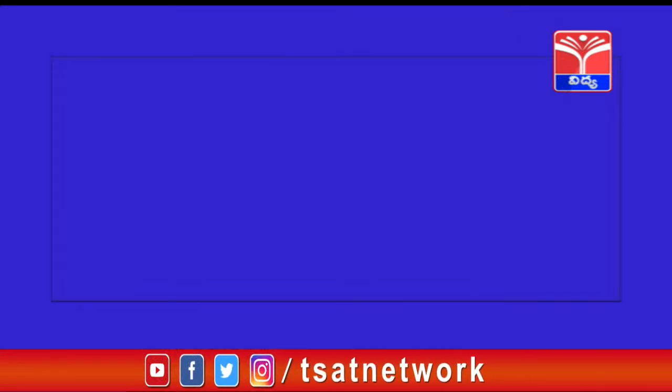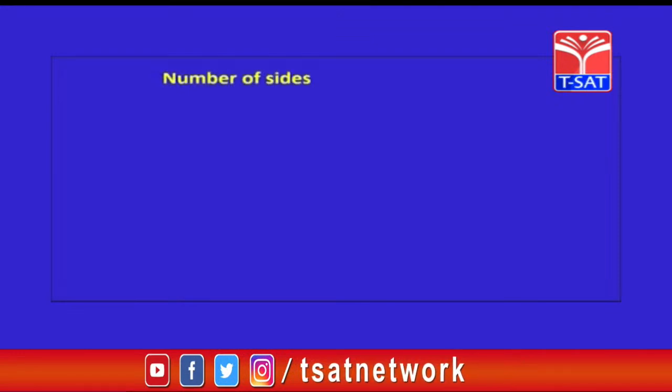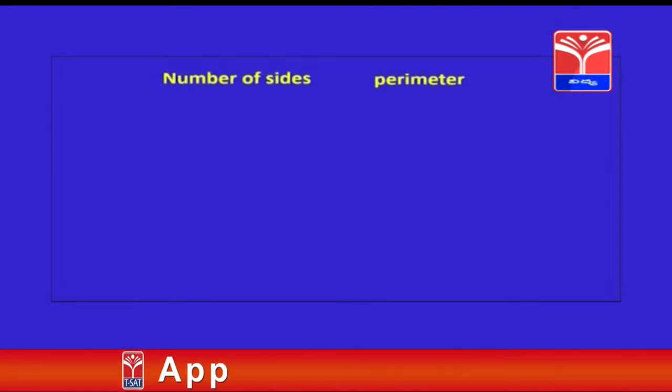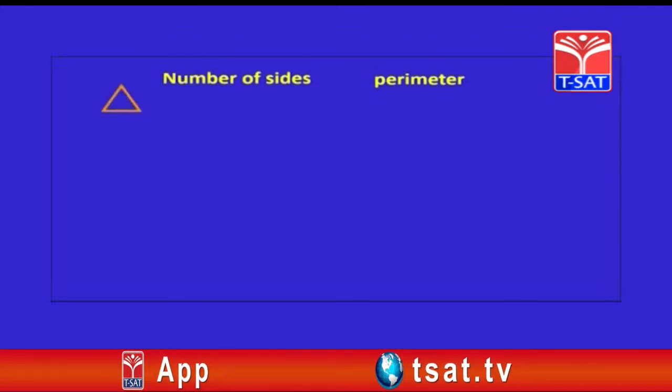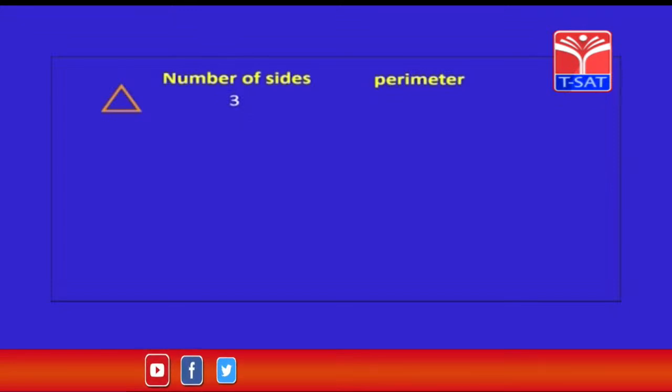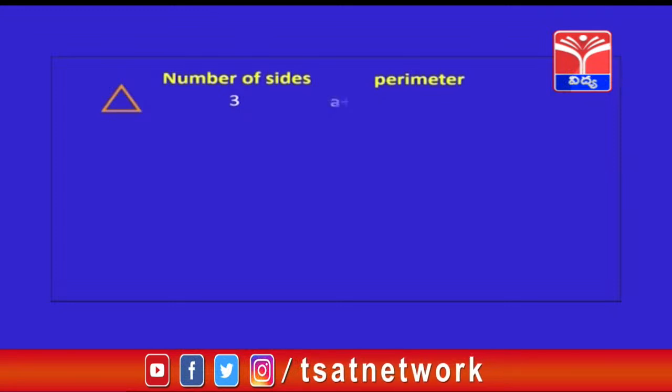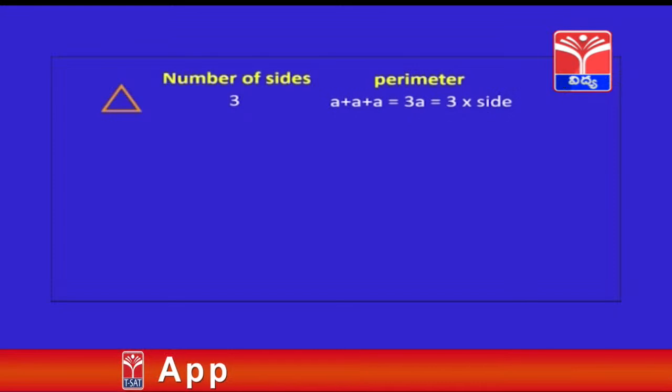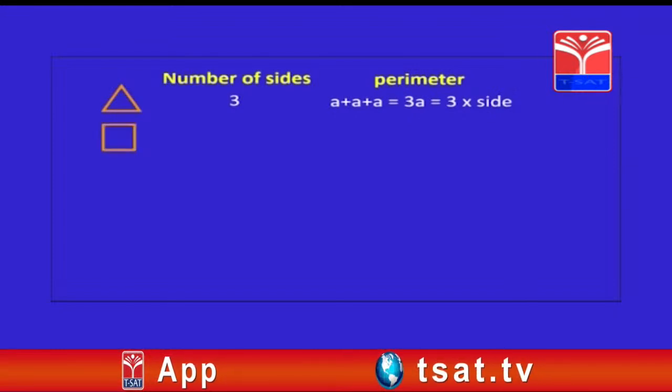Now let us generalize for any polygon whose sides are equal. Those are regular polygons. Now first figure you see, here it has number of sides 3. If 3 sides, each side is a units. Now what is the perimeter? 3 into a, that is 3 into side. Now see the second figure, how many sides are here? 4 sides.